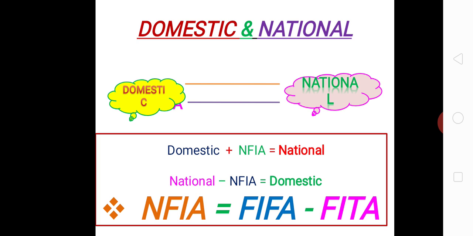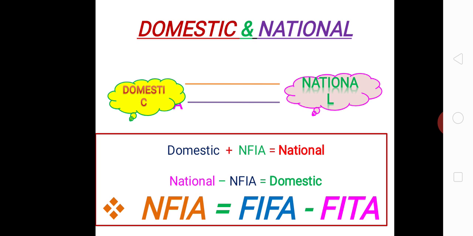If we add NFI to domestic, we will get national, and if we subtract NFI from national, we will get domestic. And what is NFI? Net factor income from abroad. It is the difference between factor income from abroad and factor income paid to abroad.